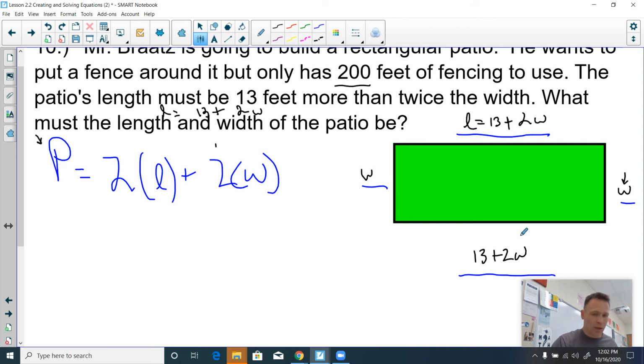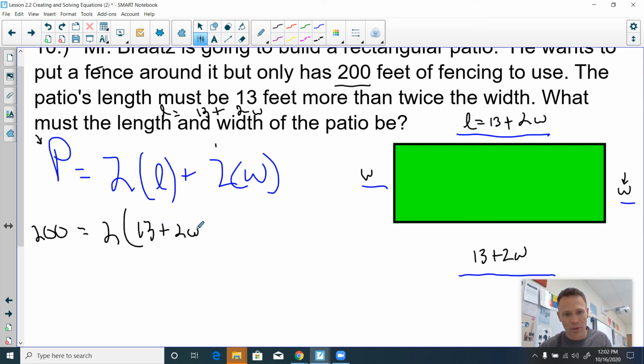Right? So my job is to now find the length and the width. So now that I've got an expression for each dimension, what I need to do is go ahead and solve this. So perimeter is going to be equal to 200. That's going to be equal to 2 times my length, and my length I established as 13 plus 2W, plus 2 times the width, which is just W. Okay, now I've got to distribute here.